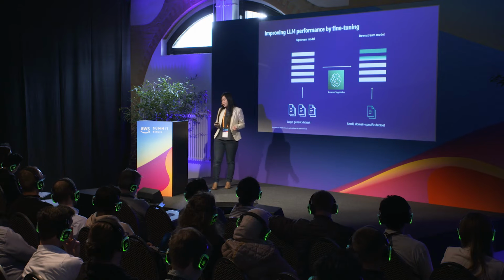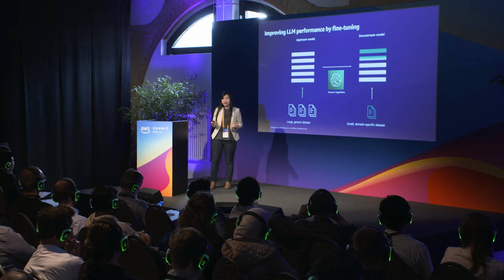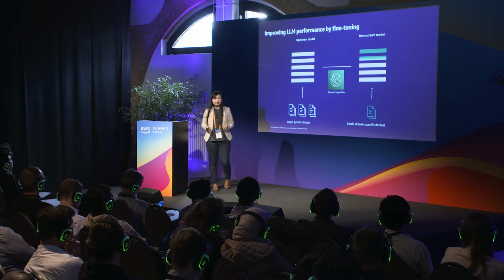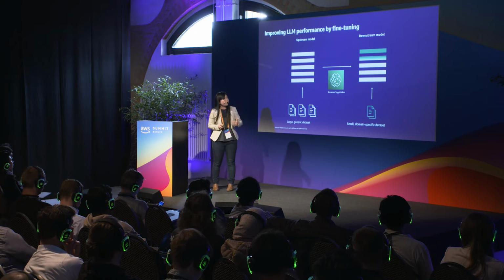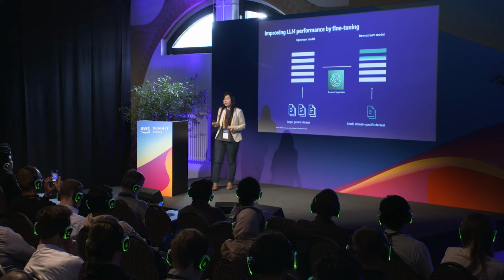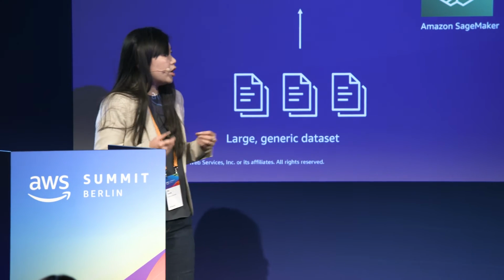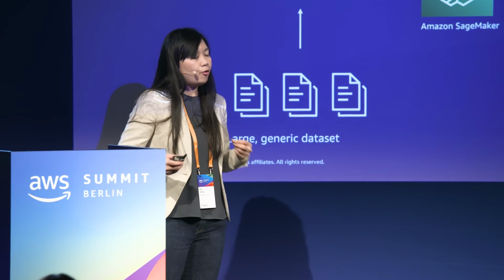I want to take one step back to think about what if you already start to load the foundational models, either with JumpStart or with an open source model hub. You might start to think about fine-tuning. When we talk about fine-tuning, we are talking about a specific use case, because we are not going to retrain the whole big model.